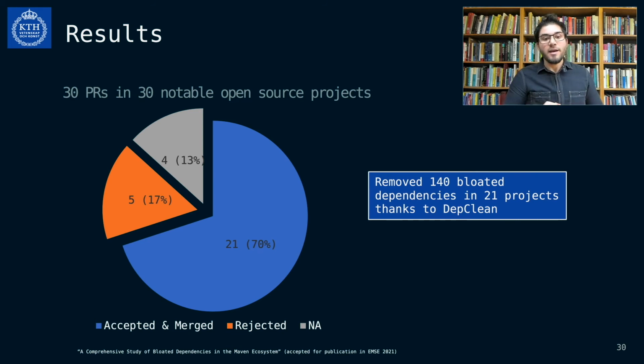These results indicate that removing bloated dependencies is important for developers. They are ready to take action, and also that if we submit pull requests proposing the removal of bloated dependencies, they are likely to be accepted by developers. Let's quickly discuss an example of a project that we analyzed.